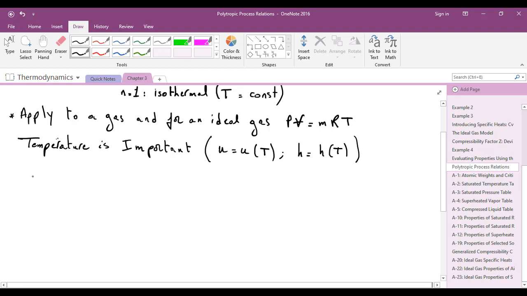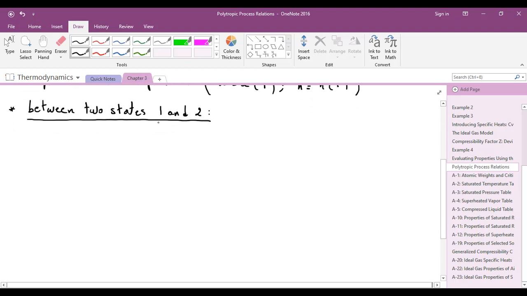So the ideal gas law, let's say we apply these equations between two states, 1 and 2. So let's say an ideal gas is undergoing a process between two states, 1 and 2.